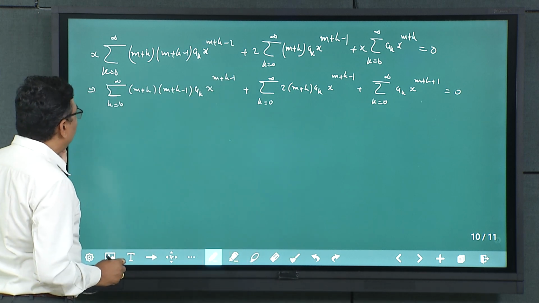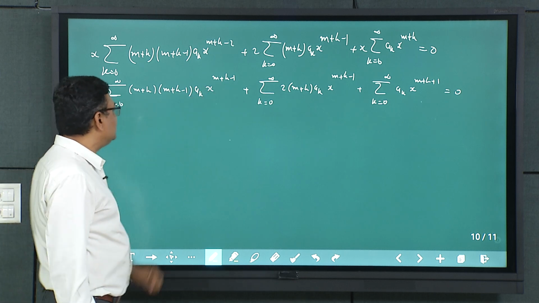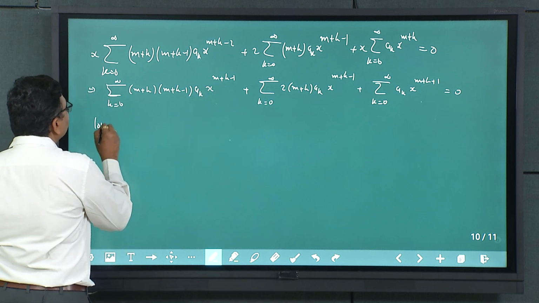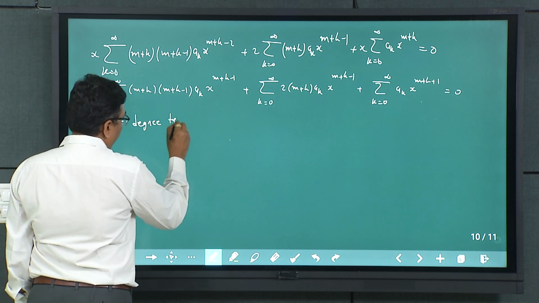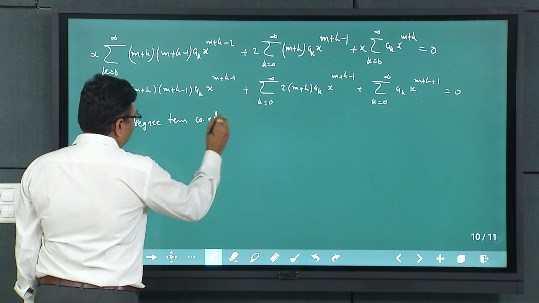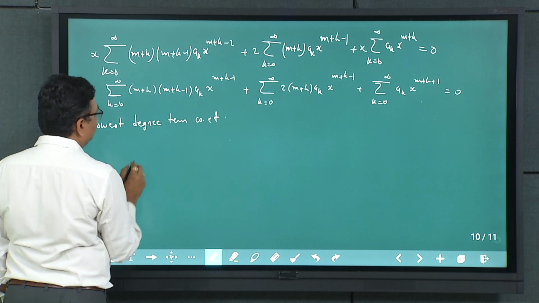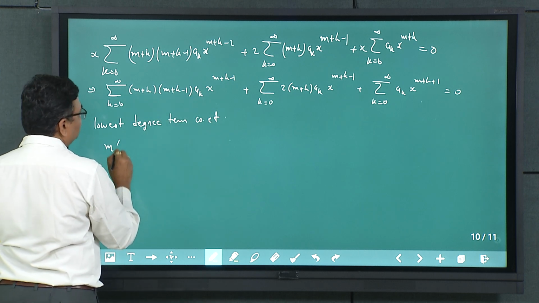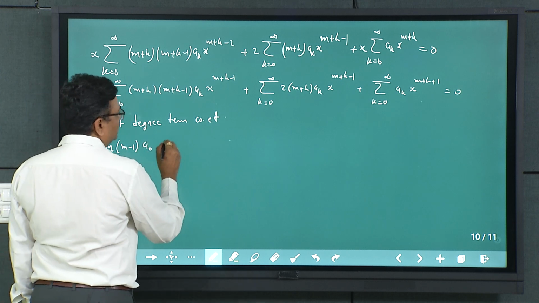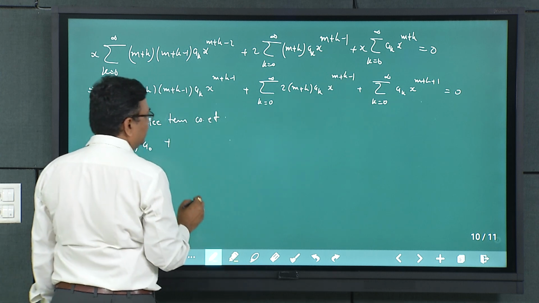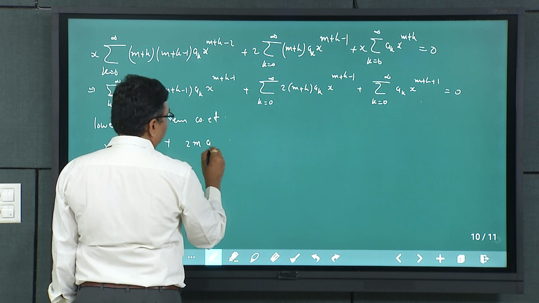Okay. Now, the lowest degree term. So, the lowest degree term is x raised to m minus 1. Take its coefficient, so here we take k equal to 0. So, m into m minus 1 a0, plus 2m into a0.